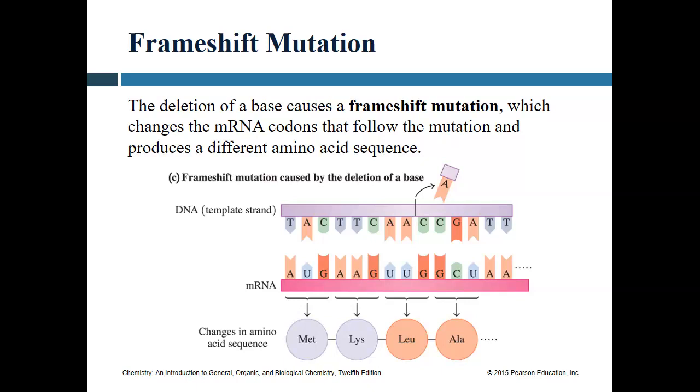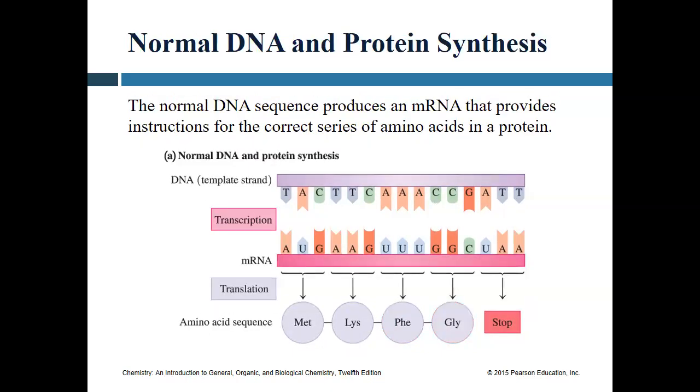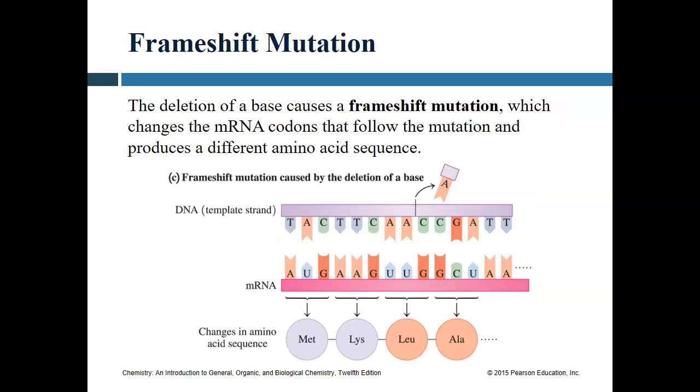And so we have two consequences. First of all, our amino acid chain changes because now, instead of phenylalanine and serine like it was here, or phenylalanine and glycine like it was here, now we've got leucine and alanine, two completely different amino acids.